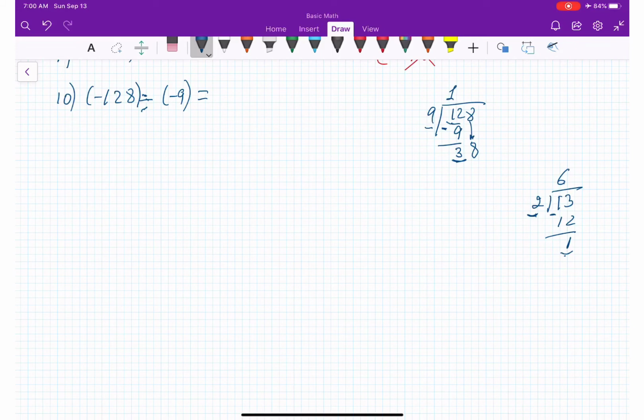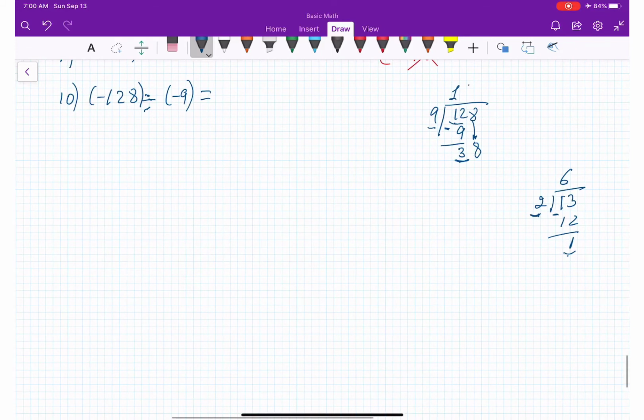38 divided by 9. How many times? 4 times. 4 times 9 is 36. And we have 2 left over. We need to divide and simplify the answer in the format of integer, fraction, or mixed number.